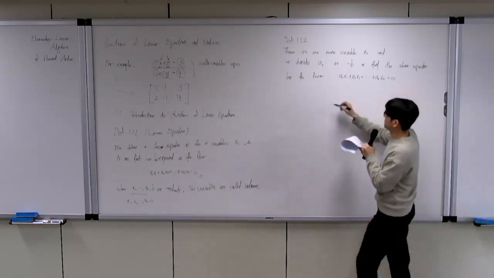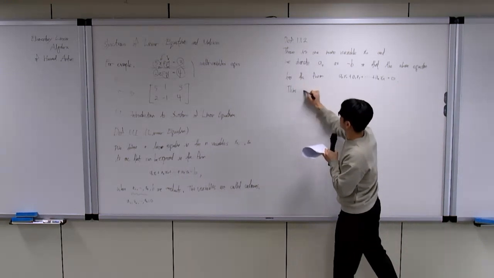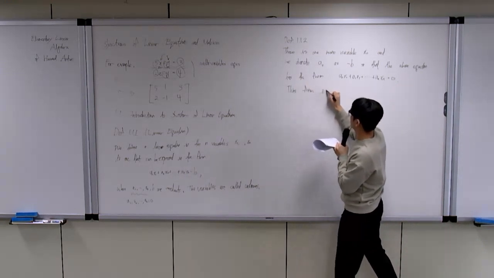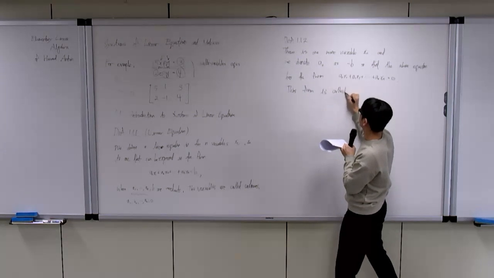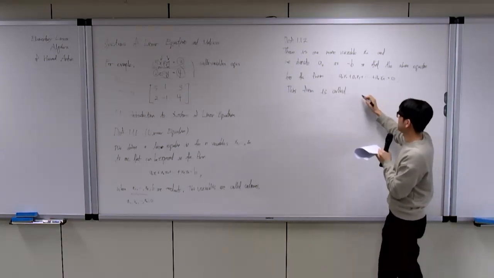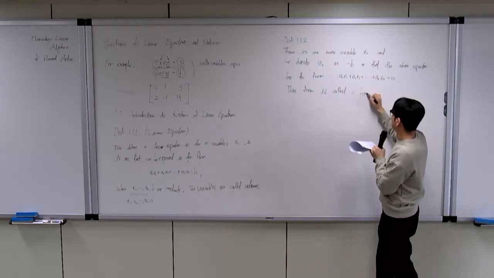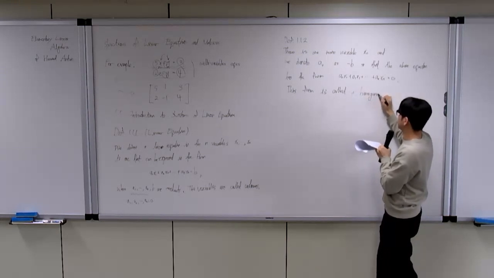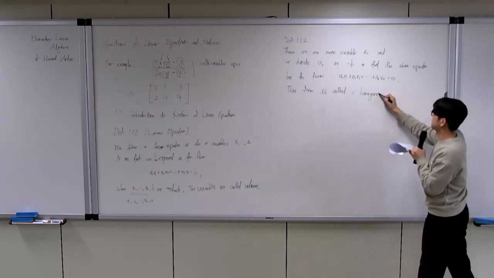This form is called a homogeneous linear equation.